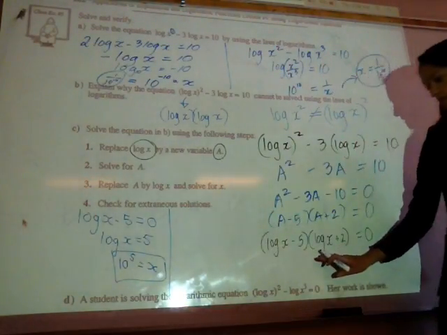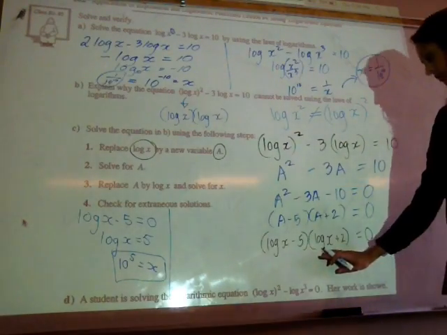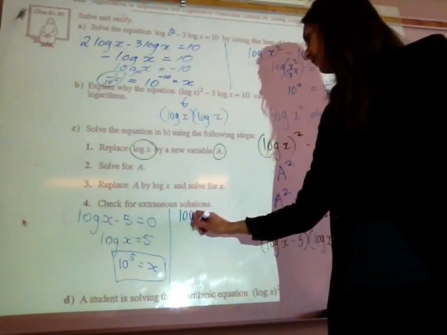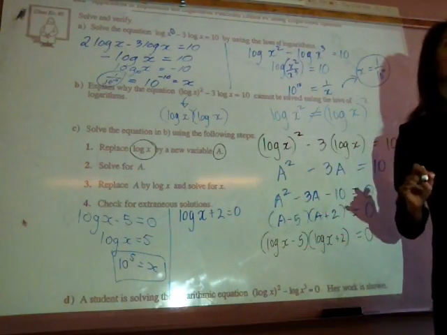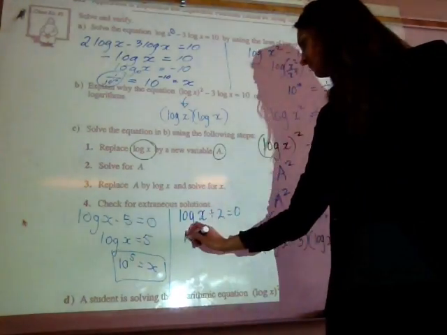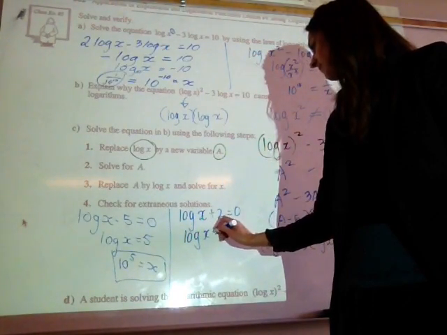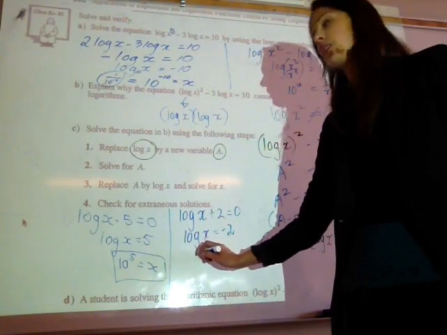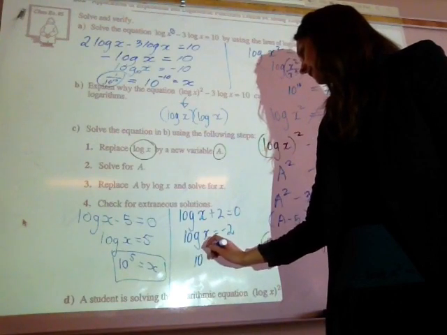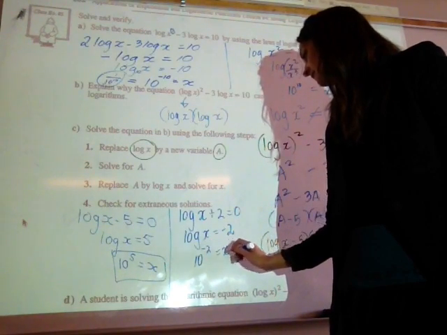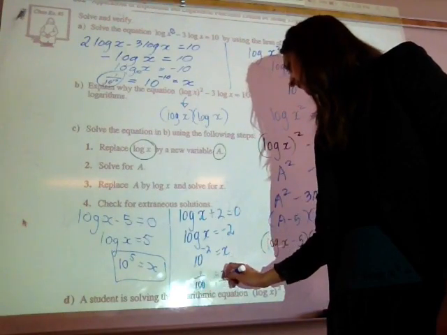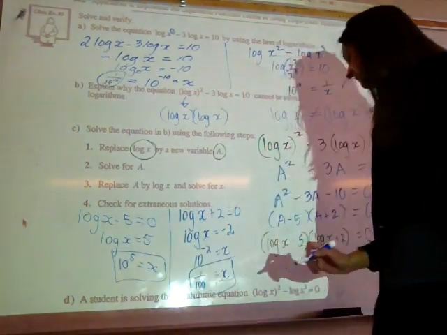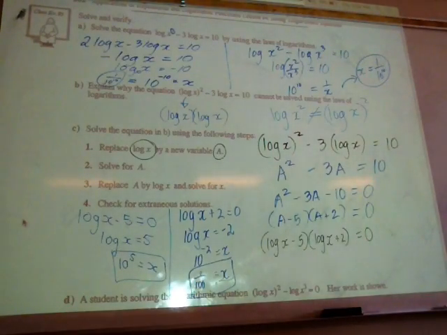So looking at the second factor, log x plus 2, we're going to set that equal to 0. Isolate the log x by subtracting 2. And then convert to exponential form, we get 10 to the power of negative 2 equals x. And if you wanted to write it as 1 over 100, you could as well. And if you wanted to expand 10 to the power of 5, that's fine too.